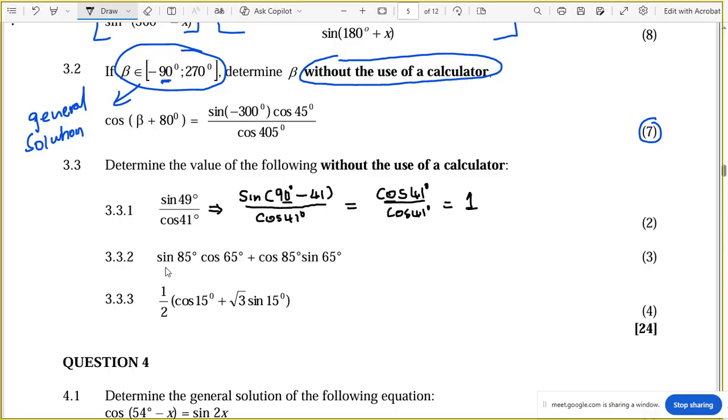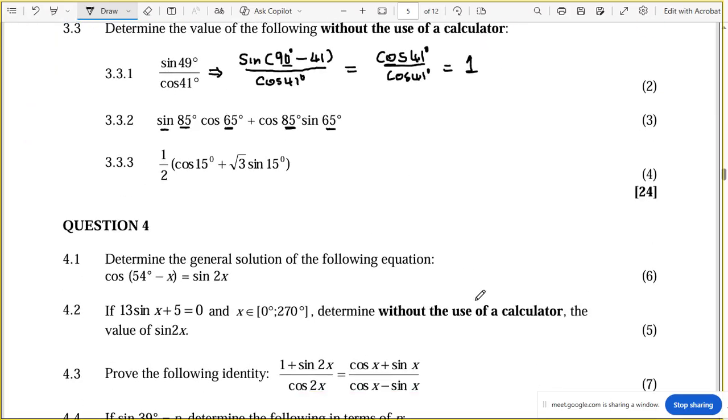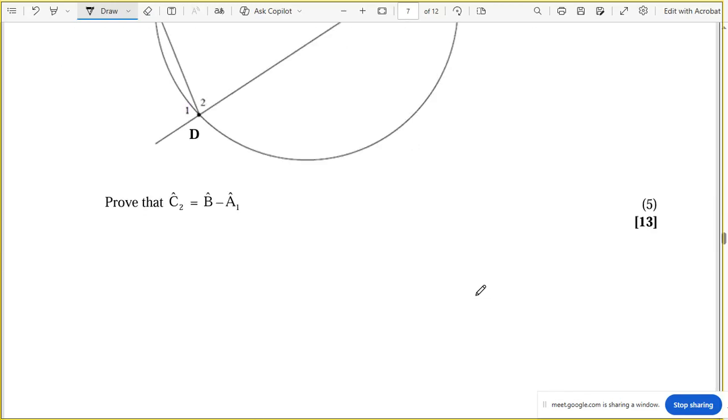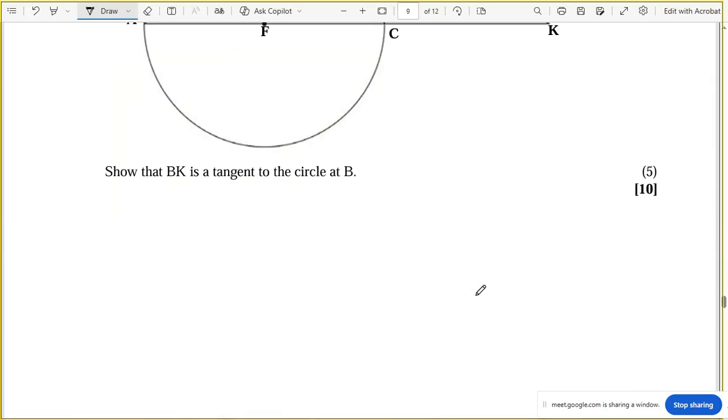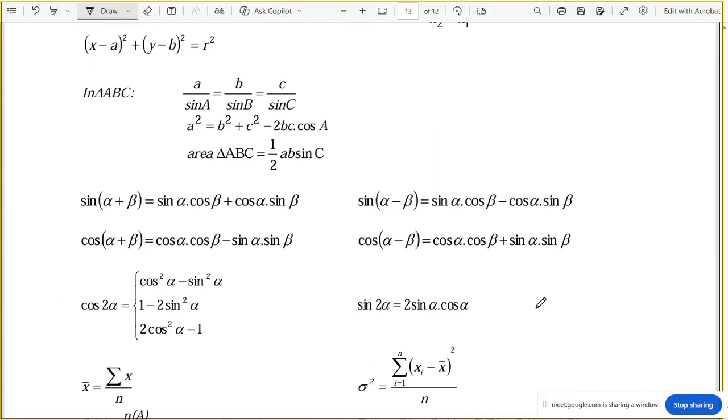Right, look at this. The sine of 85, cos 65, cos 85, sine 65. This is a compound angle. You have sine, cos, cos, sine. Then you go to your formula sheet. I'm not sure if we have the formula sheet. We have sine, cos, cos, sine.